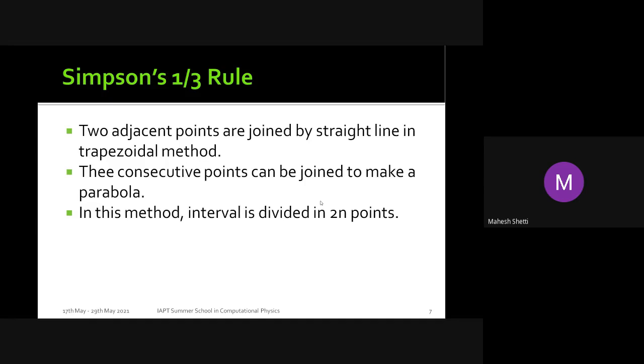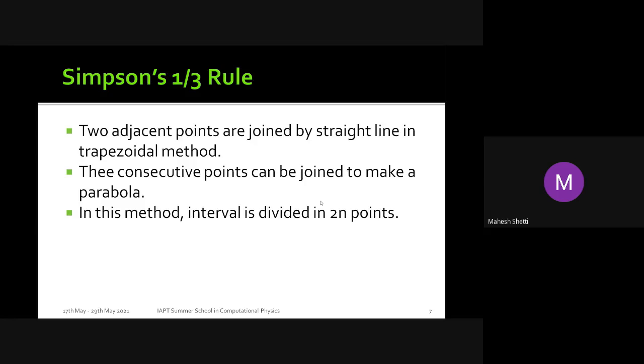Those 3 points I am joining to make a parabola. Now, you know from geometry, if you have 2 points, a unique line will pass through them. In the same way, if you have 3 points, a unique quadratic curve will pass through them, a parabola being a quadratic curve.